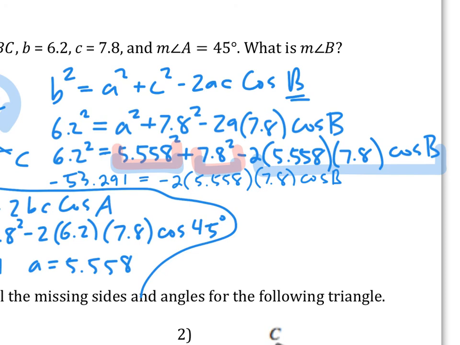All right, so we're going to take this negative 53.291 and we're going to divide it by, sorry, there are just a lot of little details. When you put it in your calculator, let's say you put divide, and then you put -2, and then times 5.558, all that stuff, like this.